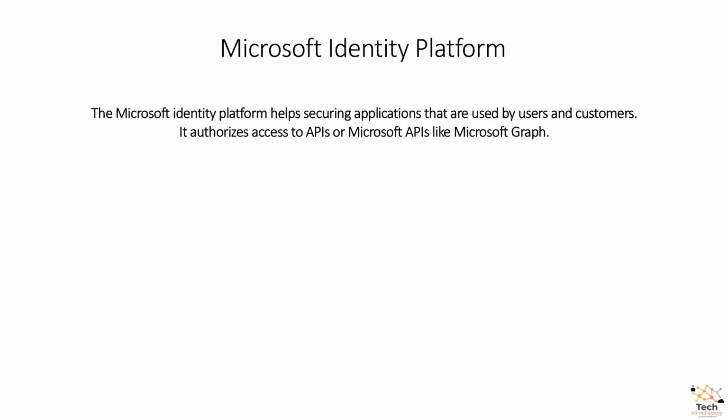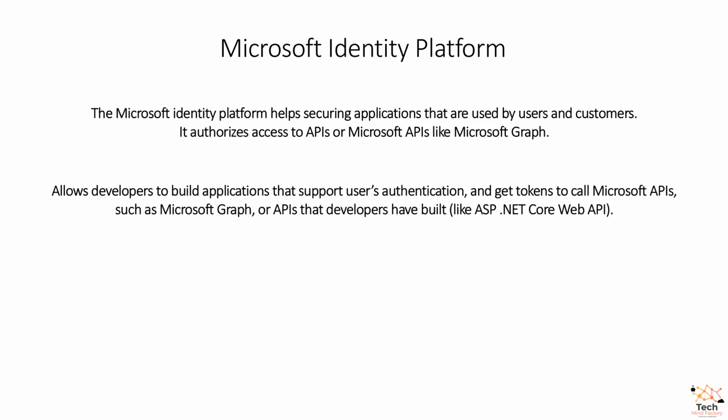It authorizes access to APIs or Microsoft APIs, like Microsoft Graph API, for instance. It allows developers to build applications that support users' authentication and get tokens to call Microsoft APIs, such as Microsoft Graph API I mentioned before, or APIs that developers have built, like ASP.NET Core Web API.